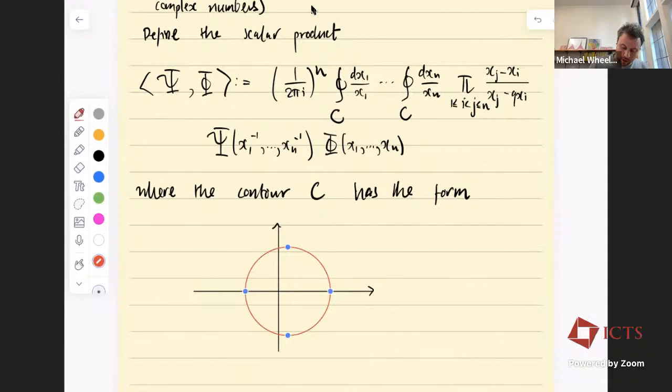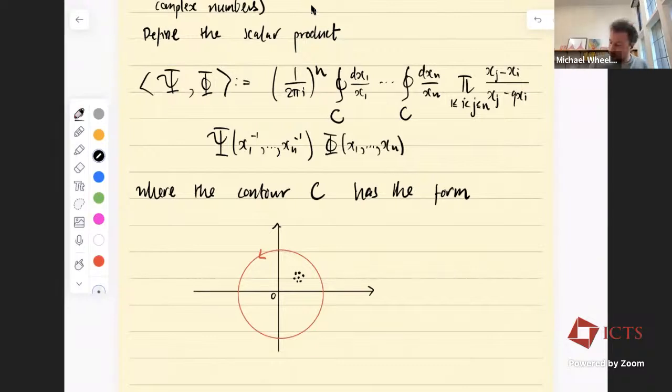So some positively oriented contour, which will enclose the point 0, and also, as I said, all of these y variables, we can imagine they cluster together into some compact set.